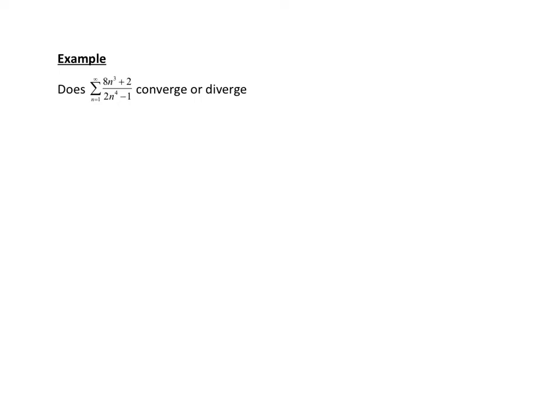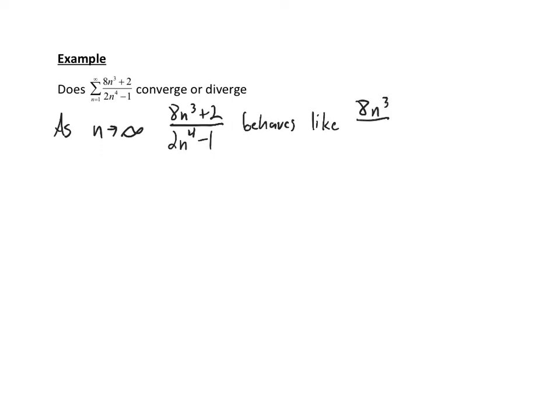So if we're looking at this example, as n approaches infinity, 8n cubed plus 2 divided by 2n to the fourth minus 1 behaves like, so as you get out super large, that plus 2 and minus 1 are essentially irrelevant, 8n cubed over 2n to the fourth. And if we simplified that, you would have 4 over n.